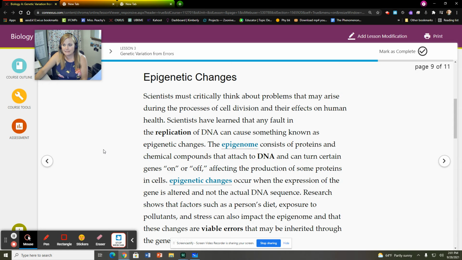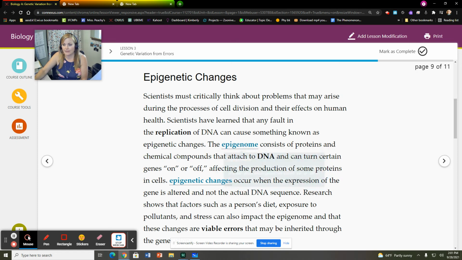So you have these proteins and other chemical compounds that attach to DNA, and they regulate whether or not that DNA is read. That either can turn some genes on, so proteins are transcribed and translated from there, or it turns it off and protein synthesis doesn't happen, right?